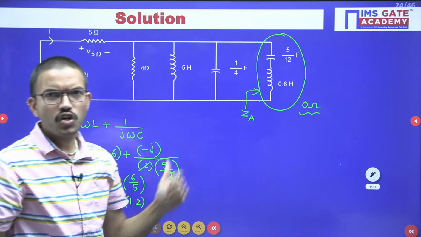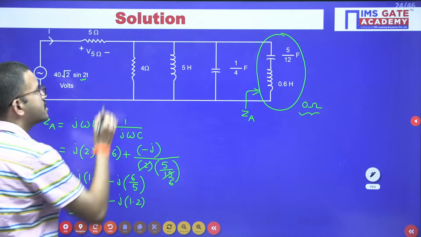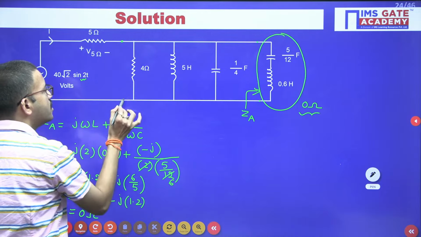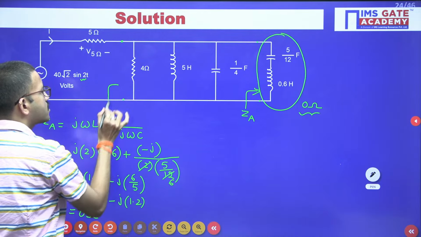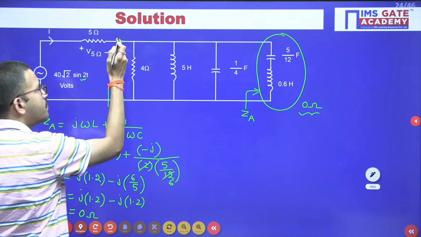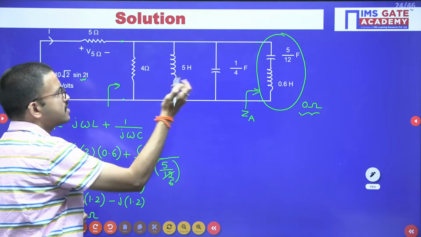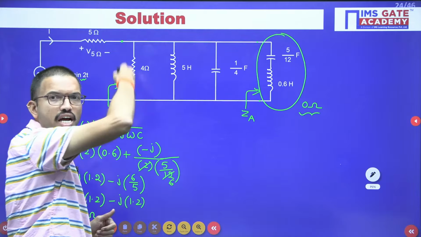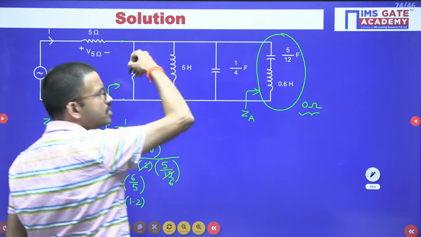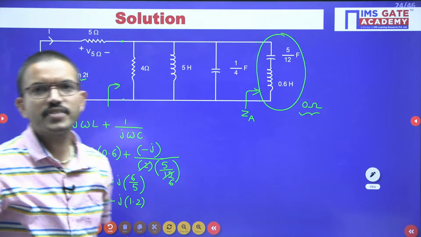Now, the moment you got like this, can you tell the equivalent impedance with respect to these 2 terminals towards the right hand side? Whatever the circuit here you are having, the entire circuit we can replace with what? Any guess?